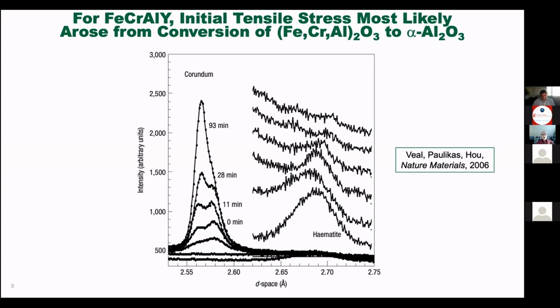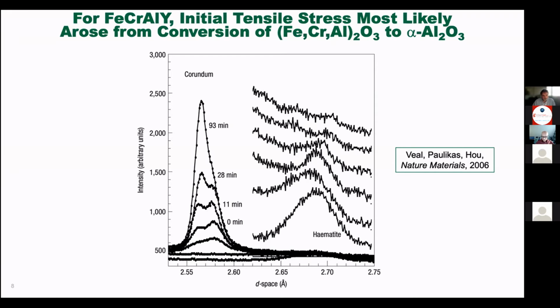For the FeCrAl alloy, we had the first observations of this initial tensile stress, but it has also been observed by others, due to the work of Veal et al. at Oregon, again using synchrotron radiation. They not only saw this initial tensile stress, but they were able to extract a good mechanism for why it occurred. And it was from the conversion, as I spoke of earlier, of an Fe2O3 type of oxide to alpha alumina, which produces, by its displacements, a tensile stress in the oxide.